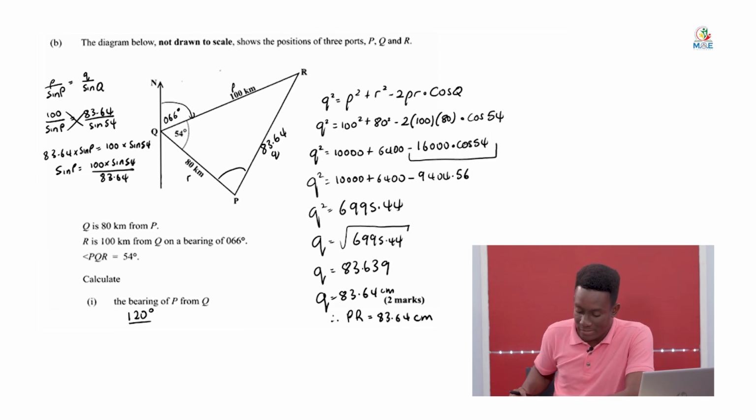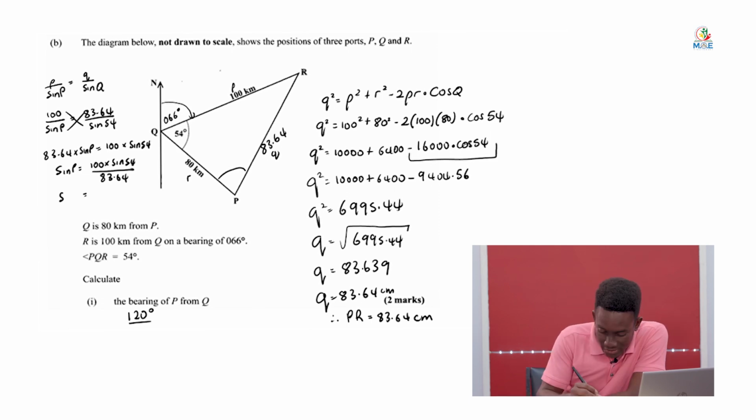So I can punch all of this in my calculator. So 100 multiplied by sine 54, and then I divide that answer by 83.64. This will give me sine P is equal to 0.967, and hence P would be equal to sine inverse 0.967.